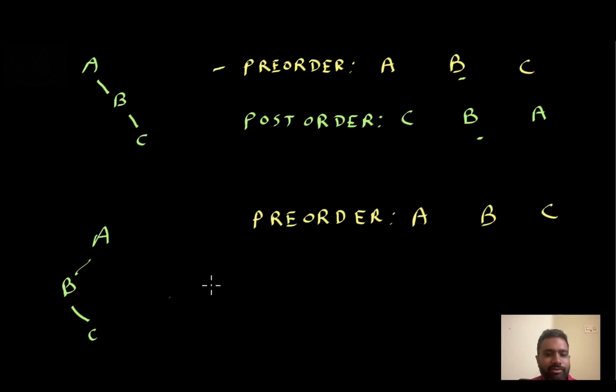Write the post-order. If you want to write a post-order, how will you go for it? First it will go for the left subtree, which does not exist, then it will go for the right. So C, B and A. Please note both are the same. These both are the same, even though the tree is different.